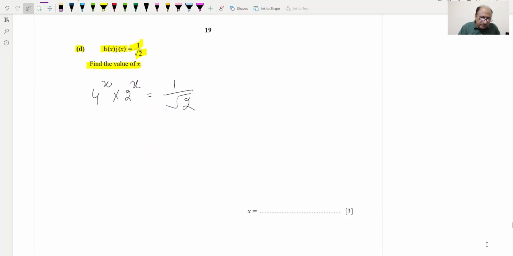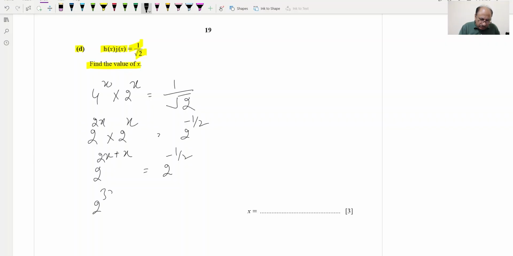This one we can simplify by changing the base 4 to 2, so it will be 2 raised to the power 2x times 2 raised to the power x is equal to 1 over root 2, or we can write 2 raised to the power minus 1 by 2. Now bases are the same, so powers can be added: 2 raised to the power 2x plus x is equal to 2 raised to the power minus 1 by 2.